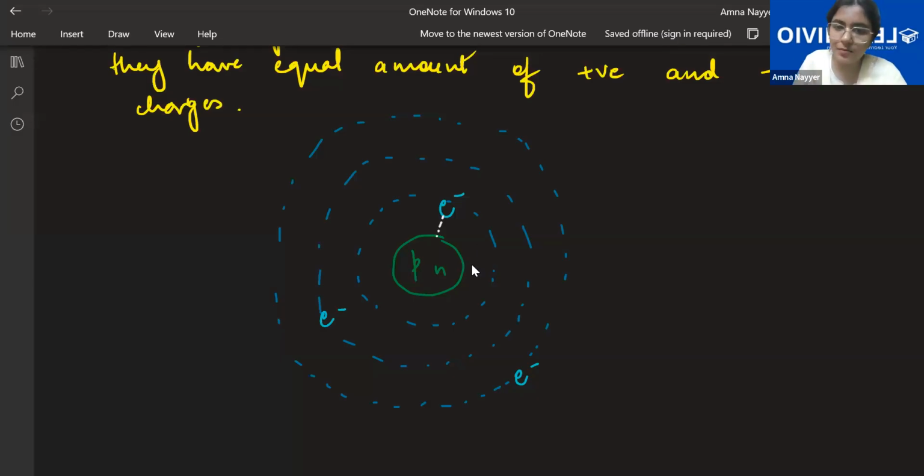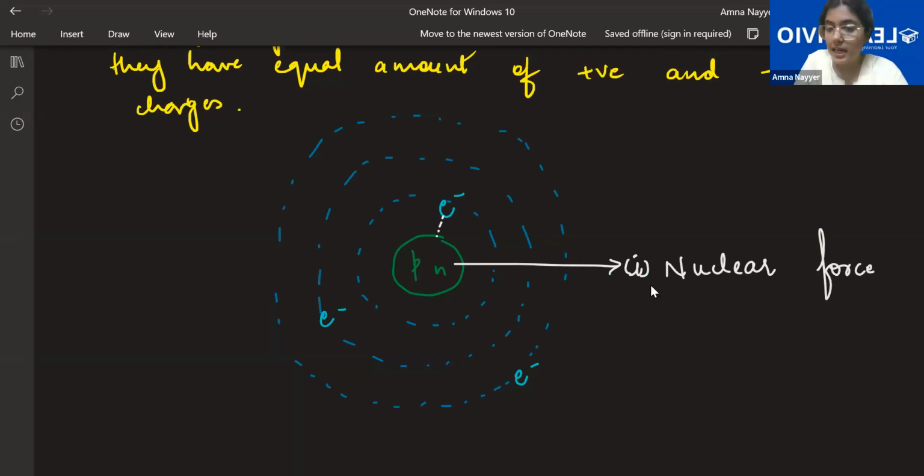The first force is within the nucleus, which we'll do in the nuclear chapter. This force is known as the nuclear force, and the characteristic of this nuclear force is that it is a very strong force in nature.